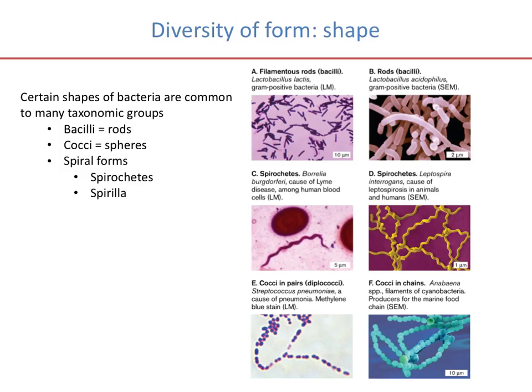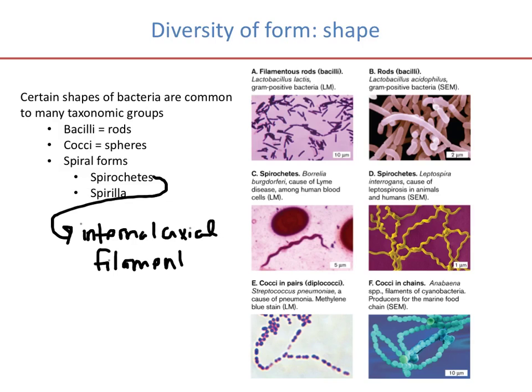In the spirochetes, the form is obtained through internal axial filaments and an outer sheath. So let me write that down. So those are the spirochete forms.